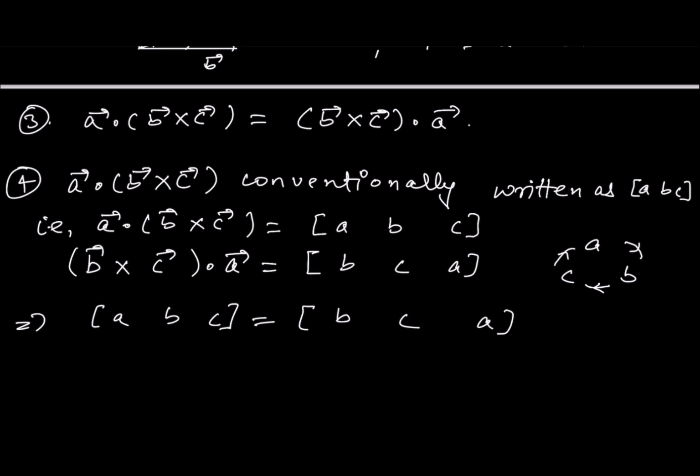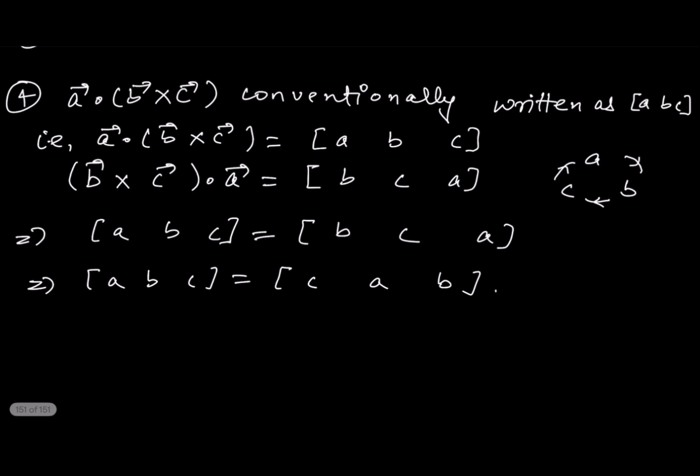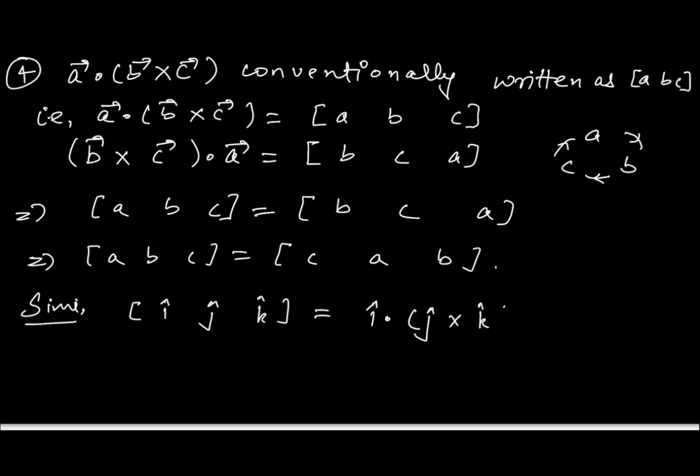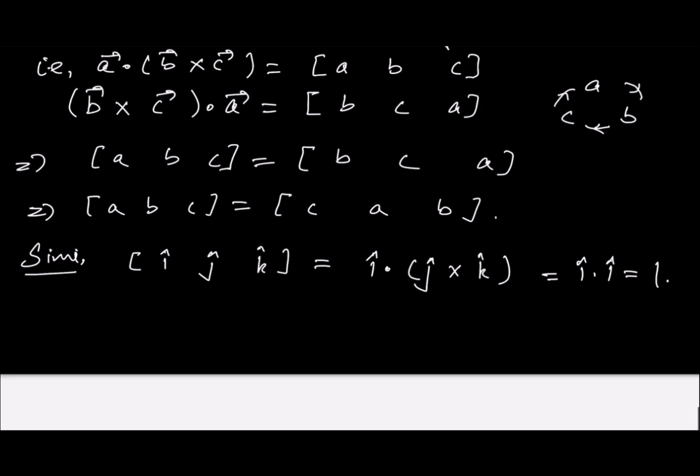So it implies what? Box ABC is equal to box CAB, because the order is the same. So similarly, box IJK is equal to I dot J cross K, and J cross K is I, so I dot I is 1.